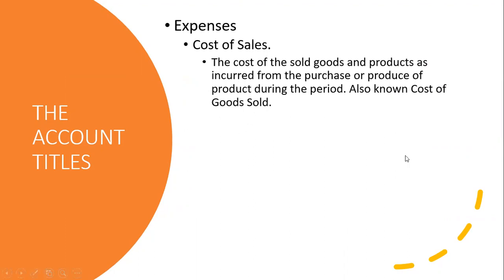So yung mga goods mo that are considered nabenta na siya, siyempre at cost mo na siya kung magkano yung pagbili mo sa supermarket ba, sa mall. So at cost pa lang siya, it is considered as cost of sales or also known as cost of goods sold.